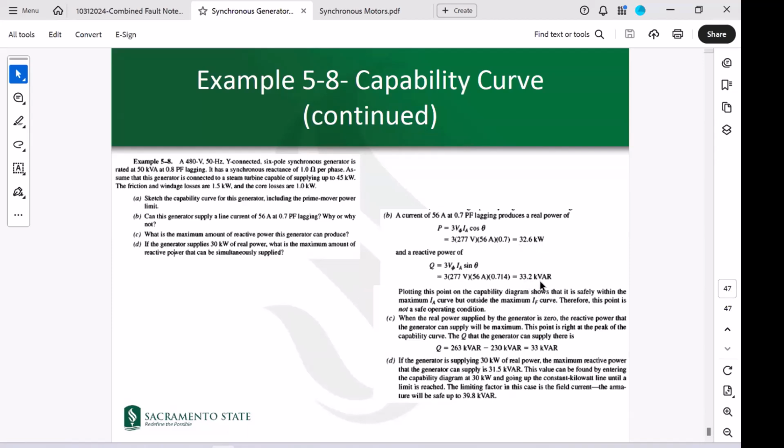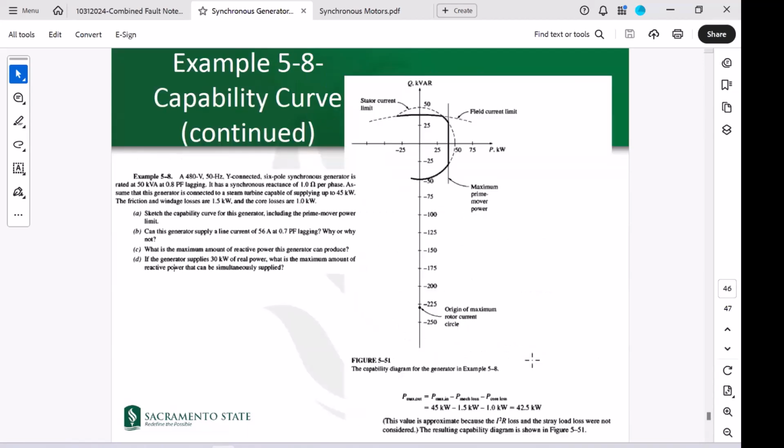If you go to your capability curve, plotting this point on the capability diagram shows that it is safely within the maximum IA curve, but outside the max IF curve. What is the maximum amount of reactive power this generator can produce? So the maximum reactive power is really this point, right?